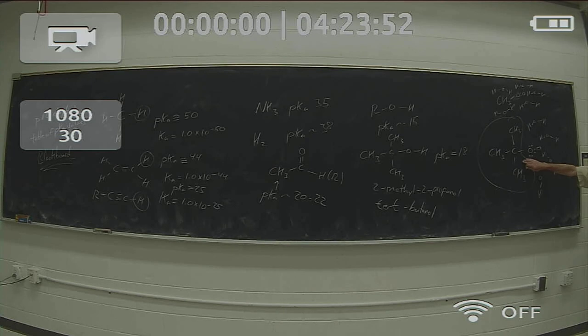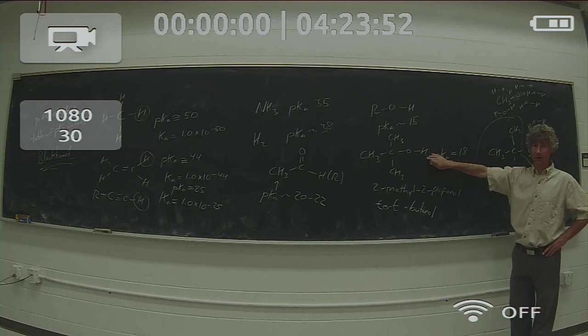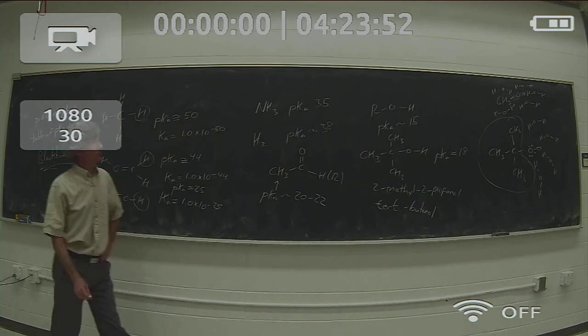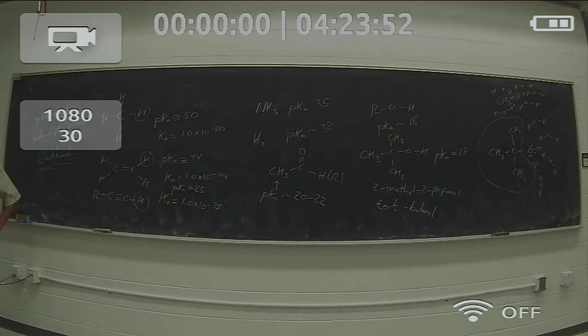A less effectively solvated anion renders this less stable in solution, which makes it a stronger base, which gives it a weaker acid. But for the most part, we'll use 15 for alcohols.